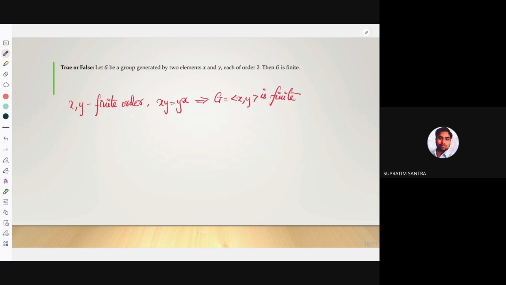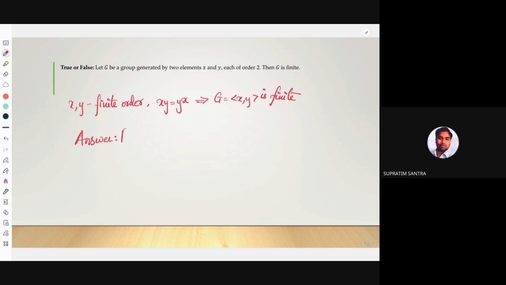When they don't commute, we won't have a group of finite order. I don't have an example right at the top of my head. I will try to find an example, write it, and let you all know. But the answer is false.